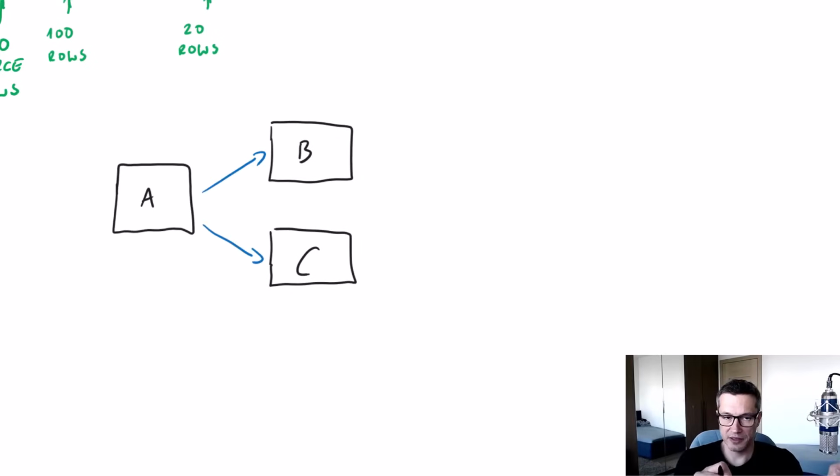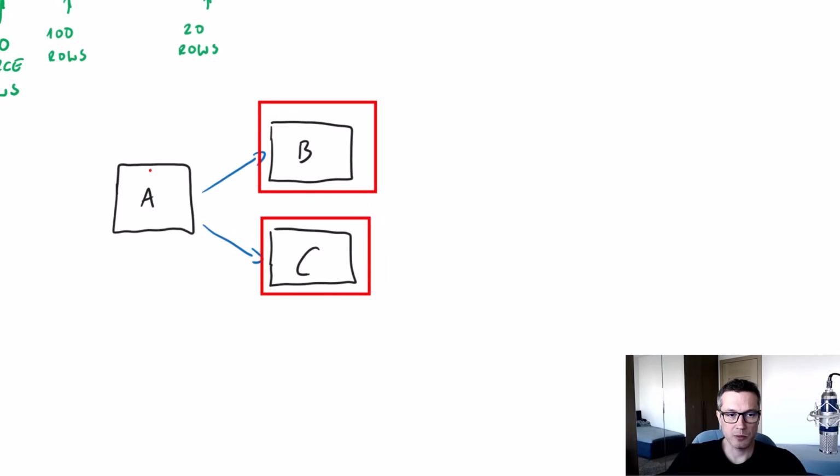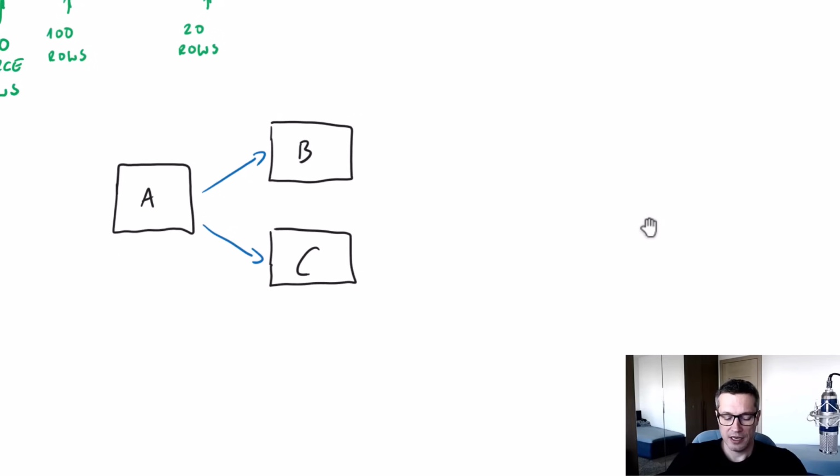A is processed first, and then B uses the outputs of A, and C uses the outputs of A as well. And all of them we would like to be processed incrementally. Cool. But let's say that A fails for some reason. It didn't process the data due to some bug or the data quality issue.